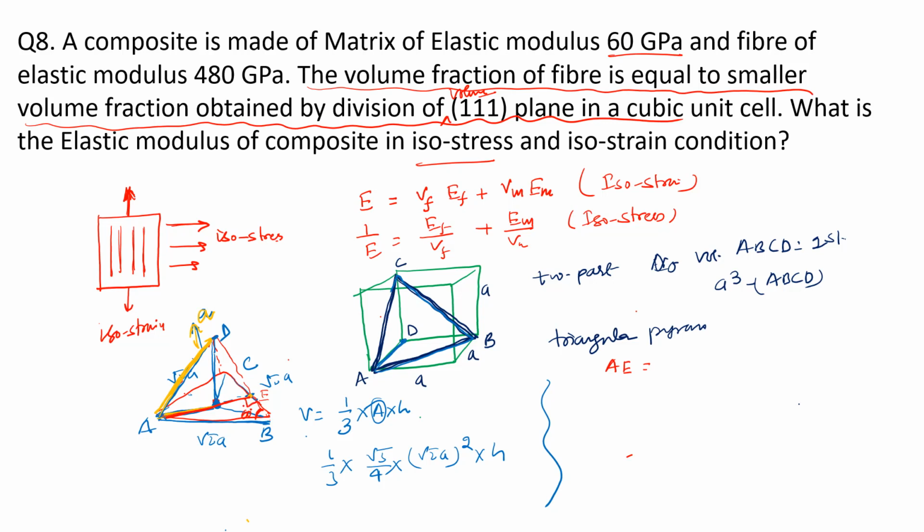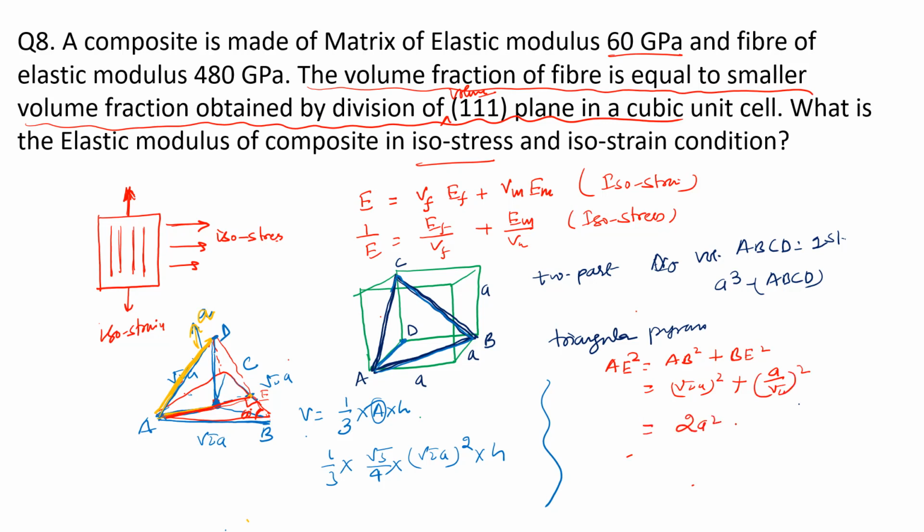Okay, fine. So can we apply the Pythagoras theorem, where AE square is equal to AB square plus BE square. So AB is equal to root 2a whole square plus BE. BE is equal to half of this root 2a, that means a by root 2 whole square.